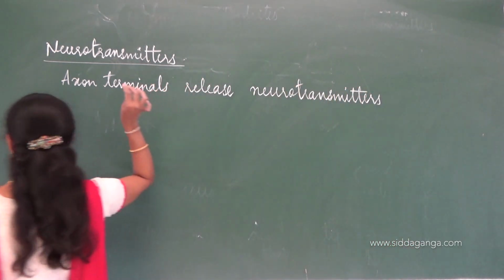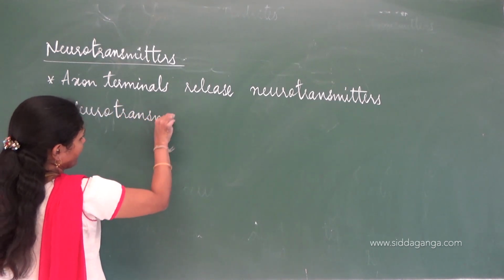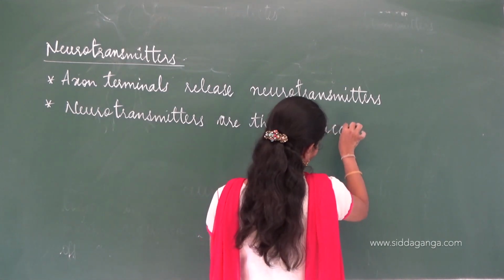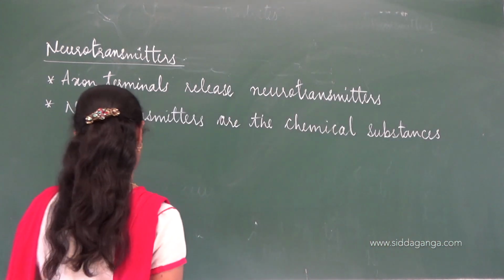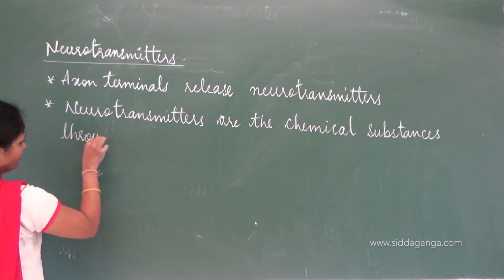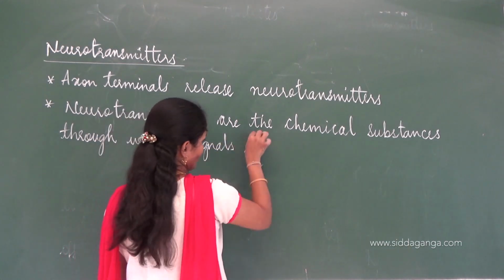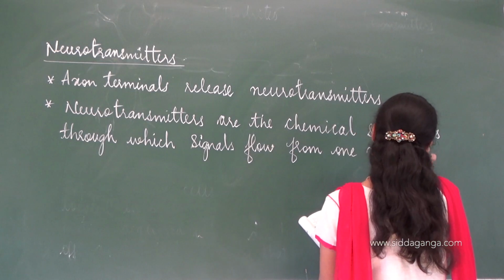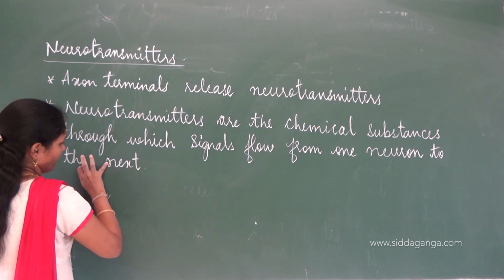These neurotransmitters are the chemicals, a specialized type of chemical substances, through which signals flow from one neuron to another, from one neuron to the next neuron placed just next to it.